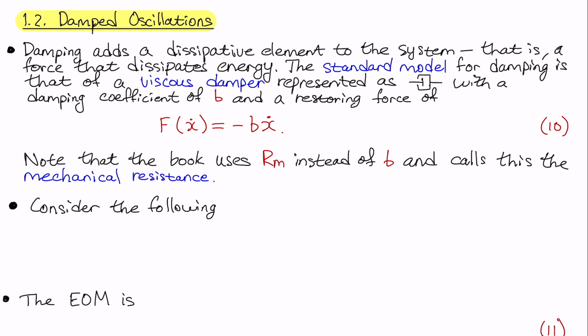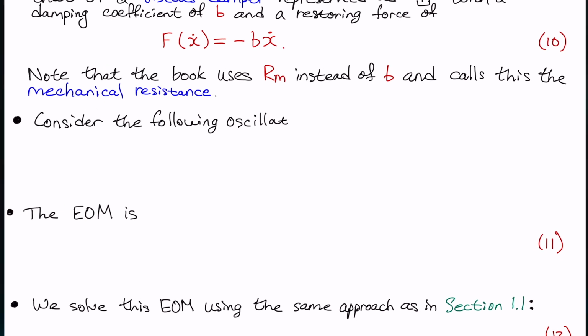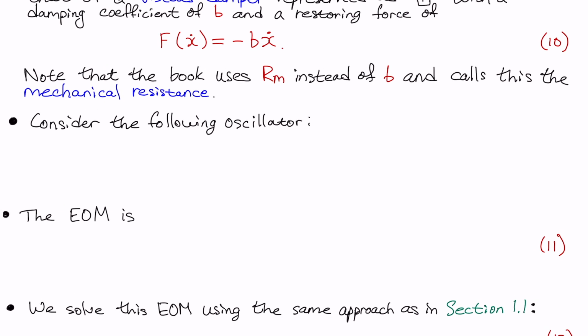So in that case, we're now going to consider the following oscillator. We'll draw a ground. There's our spring. Here is the damper.